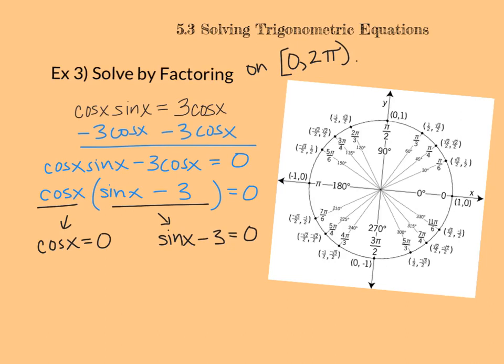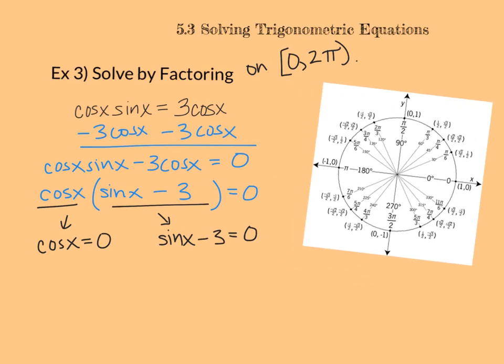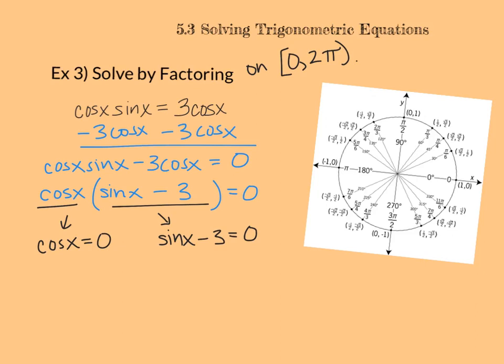That's it on one time around the unit circle. So the answers here are pi over 2 and 3 pi over 2. Those are our answers down there.